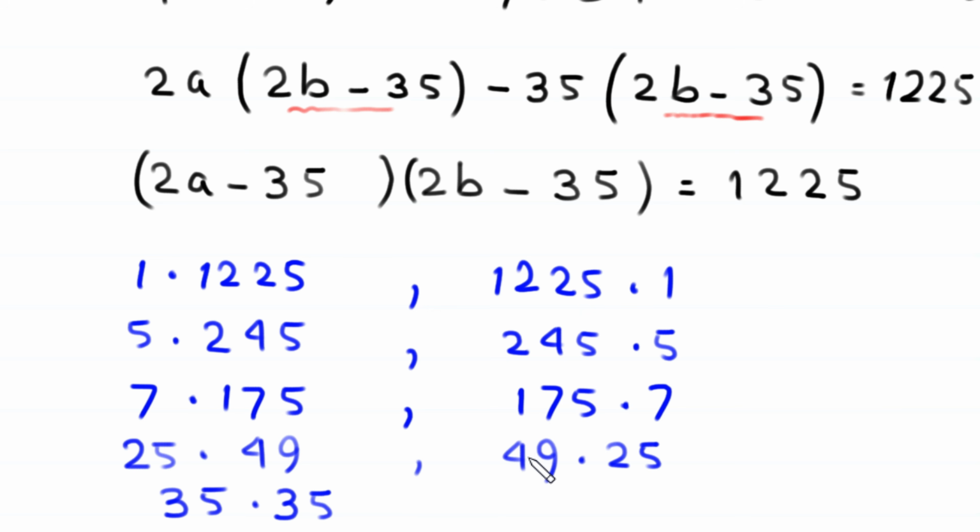Due to symmetry, we get the same solutions for these cases, so we solve only these cases. This is case 1, this is case 2, this is case 3, this is case 4, and this is case 5. First we solve case 1, 1 times 1225.